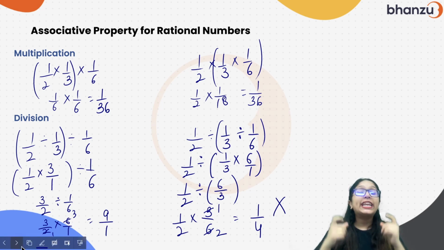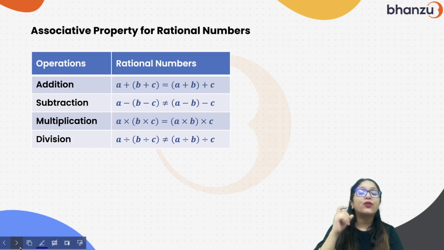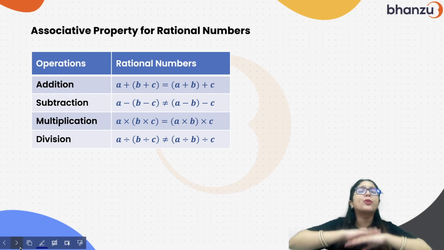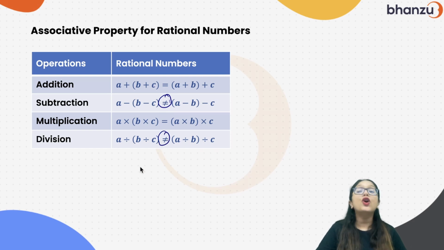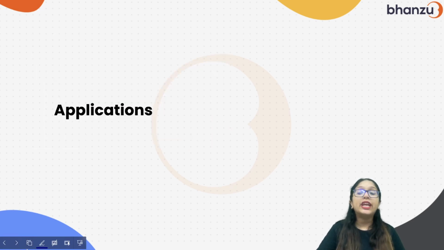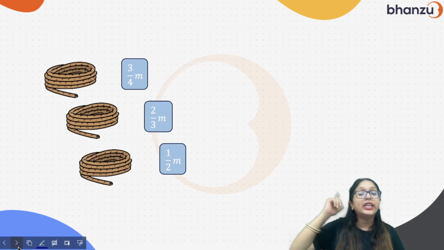So now let's quickly recall everything. Okay, so we learned that in addition and multiplication we can do the grouping in any order, but in subtraction and division we cannot. You can see that here we have the sign of not equal to. So if we do different kinds of groupings, we are not going to get the same answer. Okay, so now let's quickly revisit the question that we discussed initially.